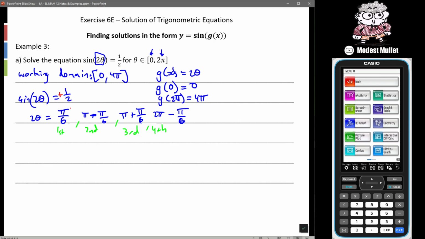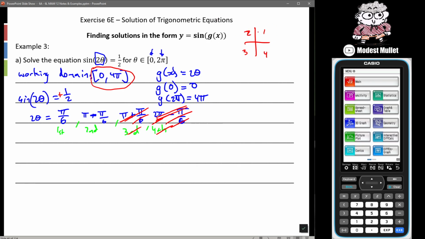Now we needed positive half though, so we only allow the quadrants where sine is positive, and that happens to be in the first and the second, so we get to rule off the third and the fourth. So those aren't allowed because sine's negative. The only thing is our working domain is from 0 to 4 pi, so not only are we allowed the first and the second, we could technically think about, well, 1, 2, 3, 4, that's going around once.